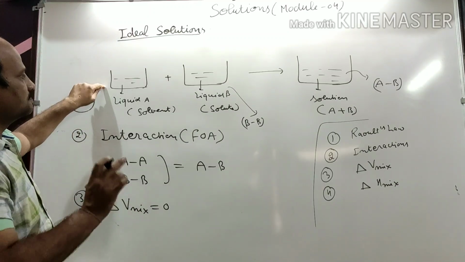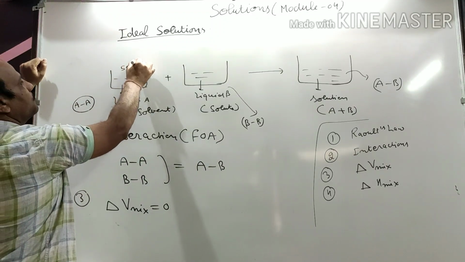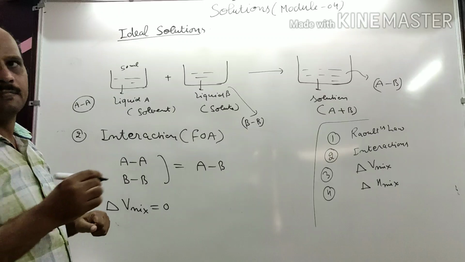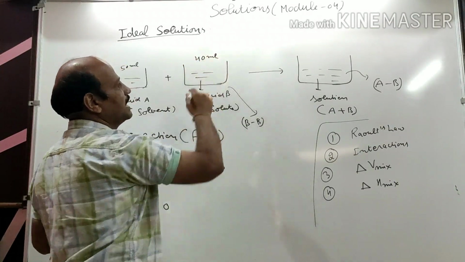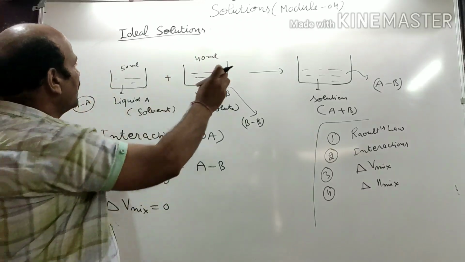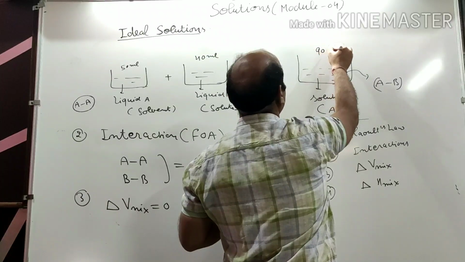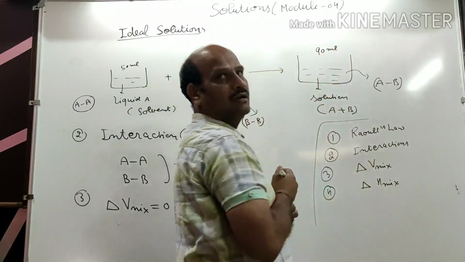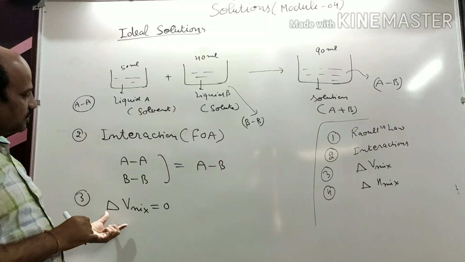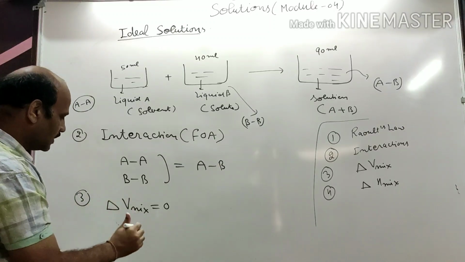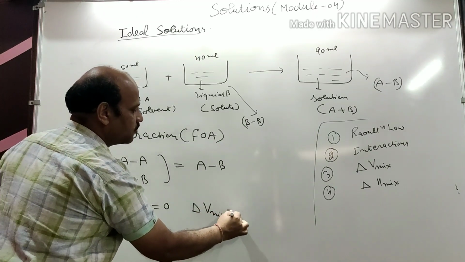If we take 50 ml of liquid A and 40 ml of liquid B, then after mixing it comes out to be 90 ml. In that case, delta V means the change in volume. How can we calculate it?